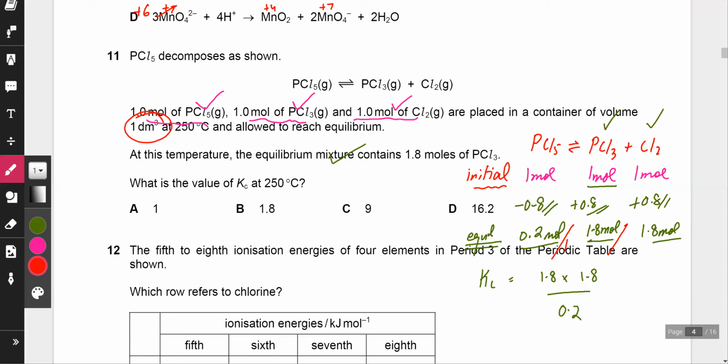You can find concentration by dividing by 1, and you're going to get the same thing. So it's 1.8 times 1.8, divided by 0.2, and the value that you get is 16.2. Okay, is this clear?